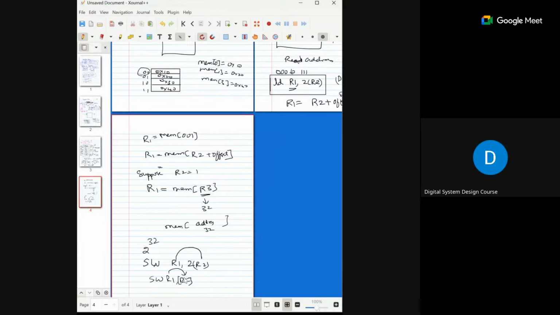Otherwise, we will mention it in the form of comments. Some people may consider SW as shift instead of store, it's not a problem. I'll say in the comment: store the content of R1 to R2 with offset.